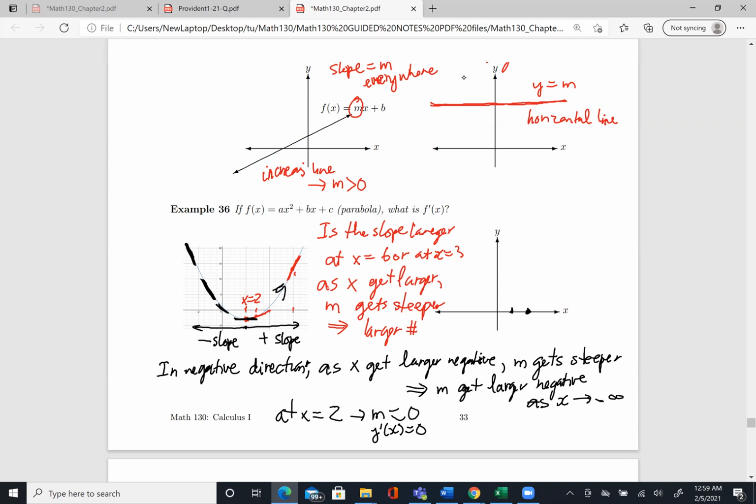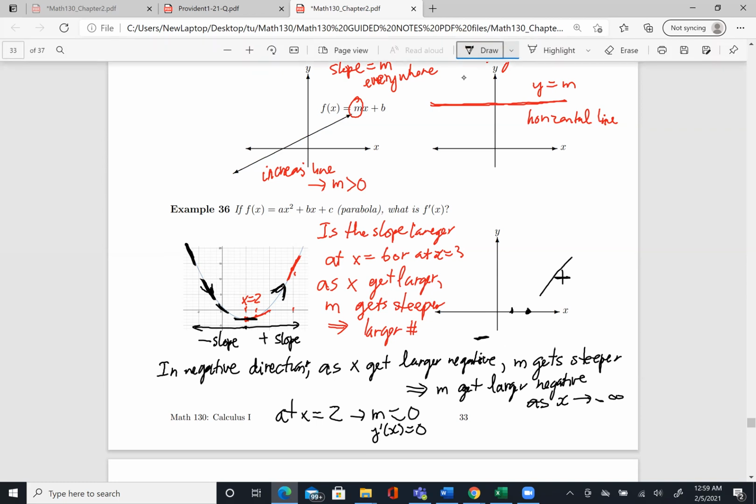See that for the original f(x), it's increasing after 2, and before 2 it's decreasing. So the derivative f'(x) has to be positive after 2 and negative before 2. So I can draw a line that goes through 2 over here, right?